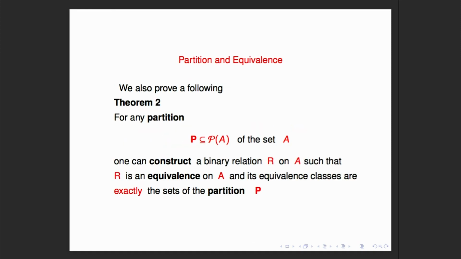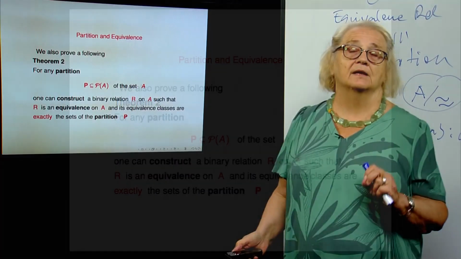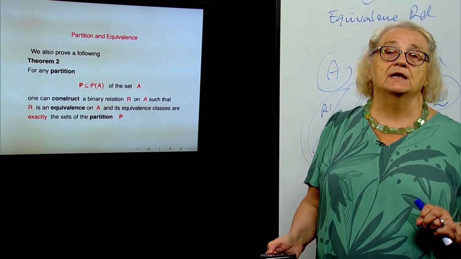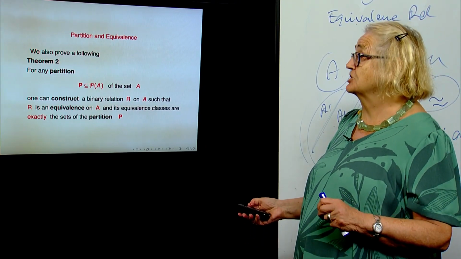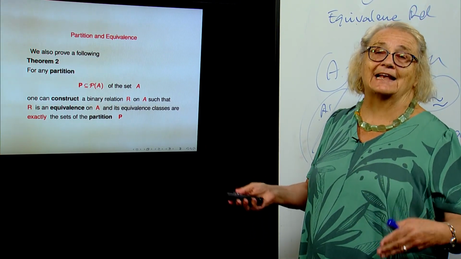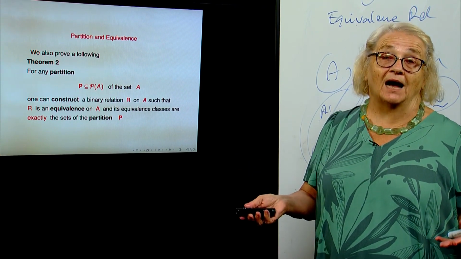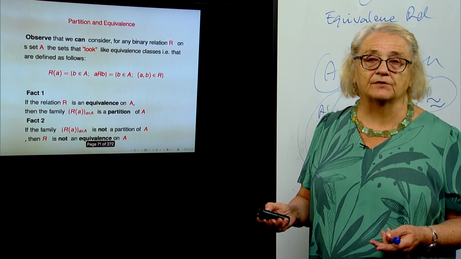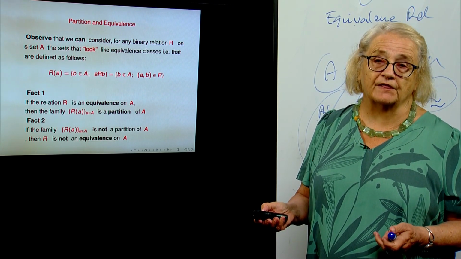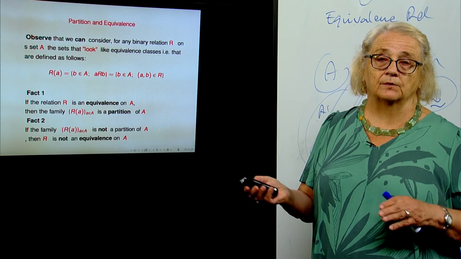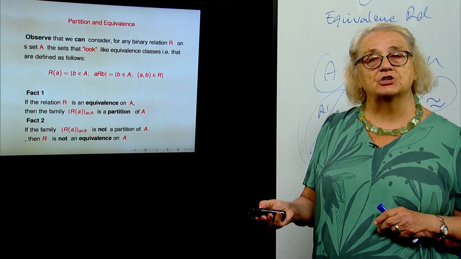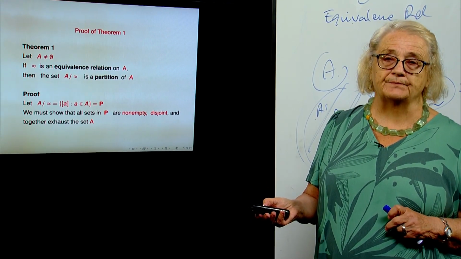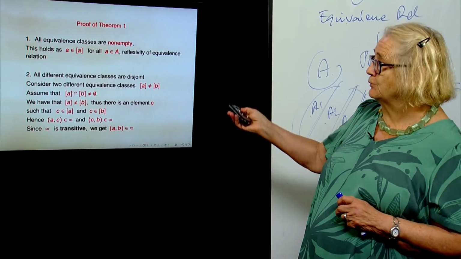And also, the inverse theorem holds, that for any partition, we can construct an equivalence relation on the set such that equivalence classes of that relation are exactly the elements of the partition. And this is called the partition theorem. So that is the duality between partition and equivalence relations. And of course, it's nicely proved.